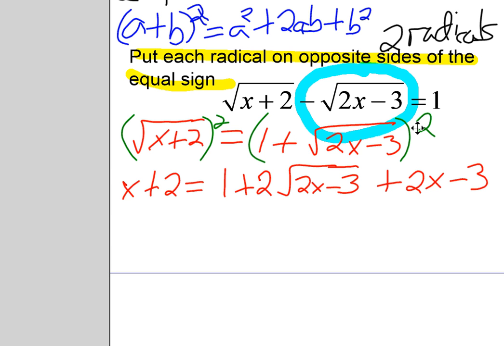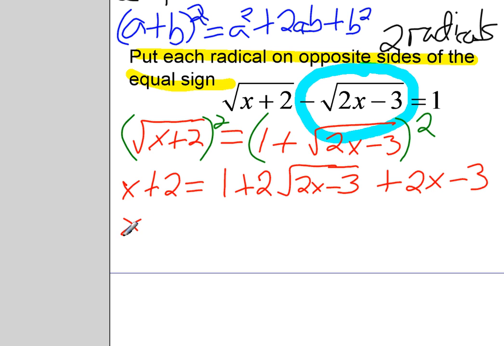All right, problem is that by doing that, I still have one radical in the equation. And I'm making progress because before I used to have 2 of them, but now I still have one radical in the equation. What I want to do is simplify both sides of the equal sign and then isolate the radical again. So the left-hand side is already in simplest form.